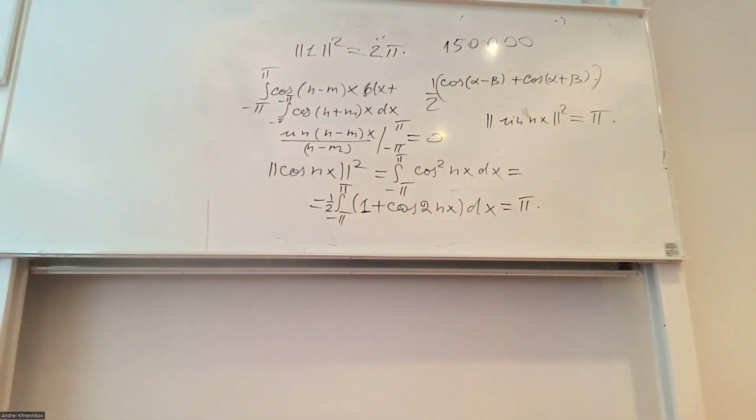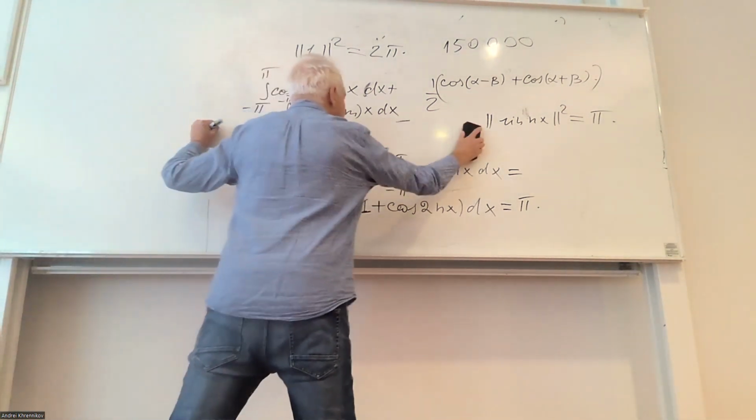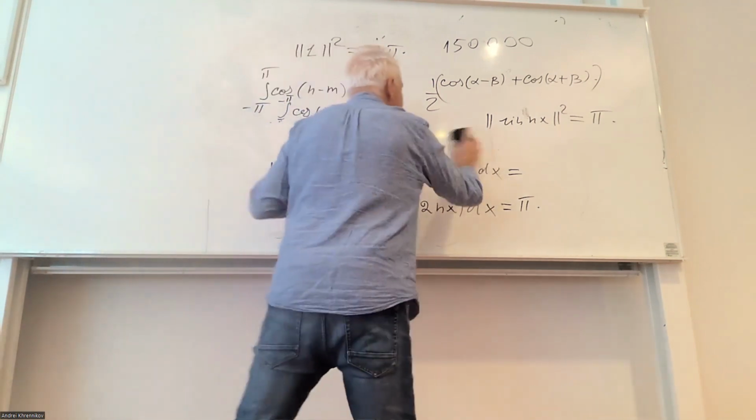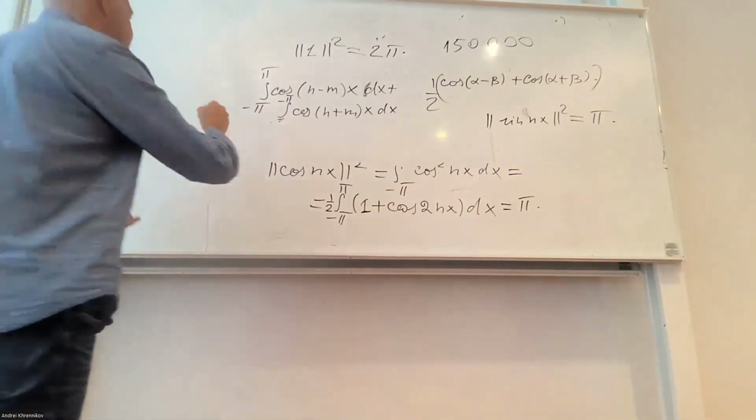Now to get an orthonormal basis, we should normalize. We should divide each function by its norm. So this line of trigonometric functions that we had before is now normalized by these numbers.